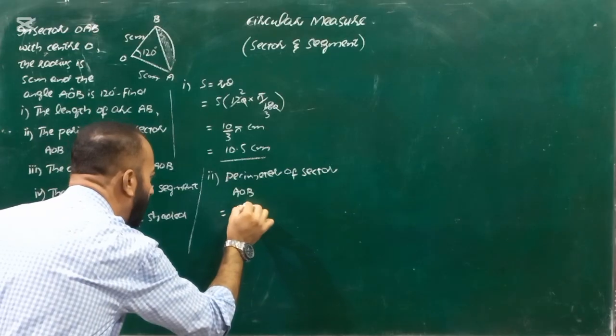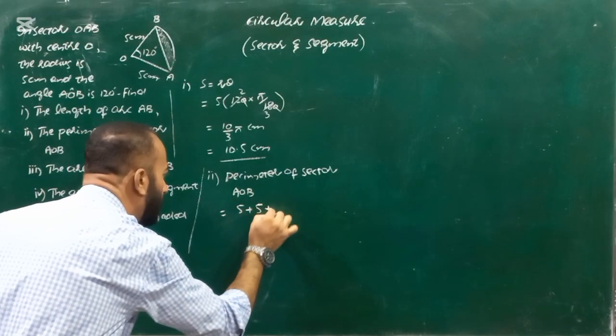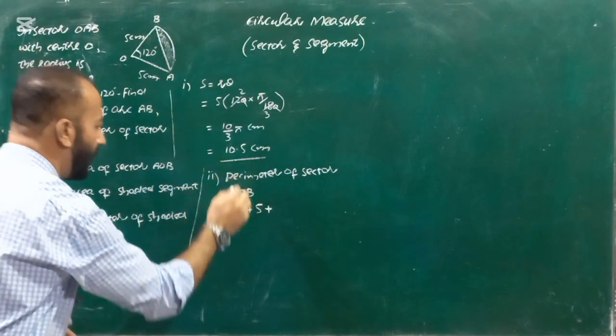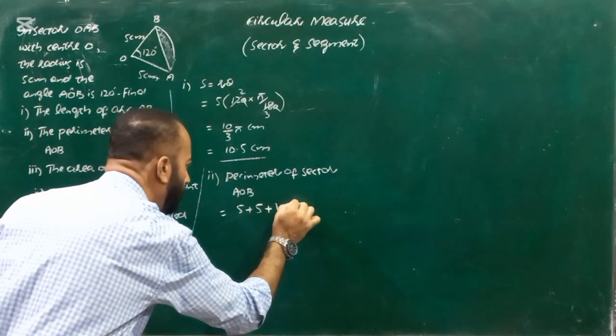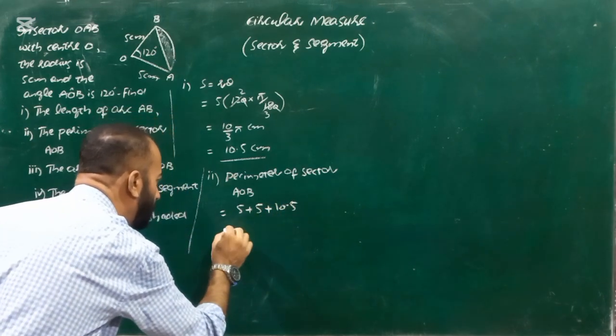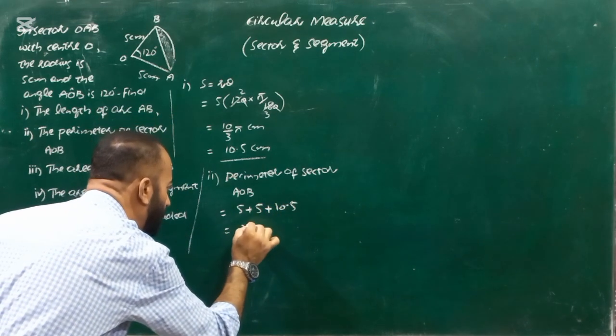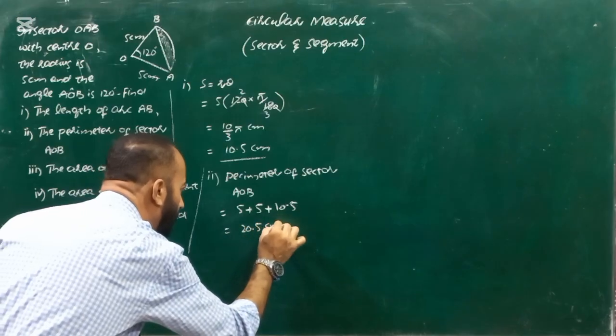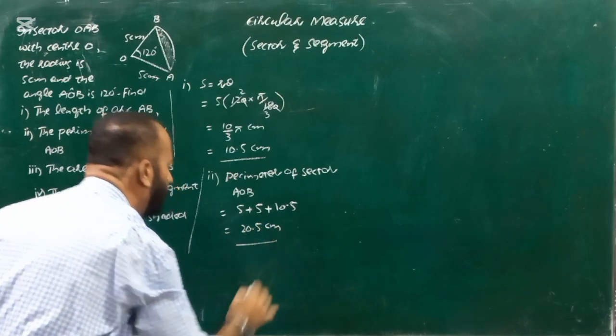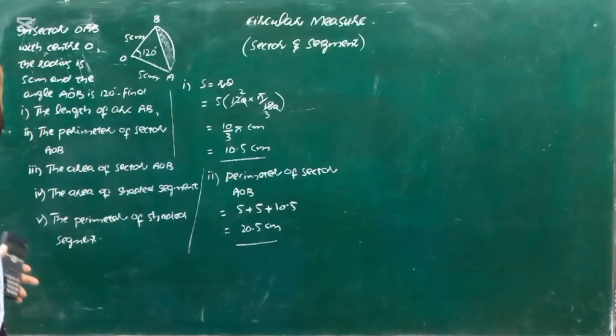So 5 plus 5 plus the arc length, that is 10.5. So 10 plus 10.5 will be 20.5 centimeters. So this is the second part done.